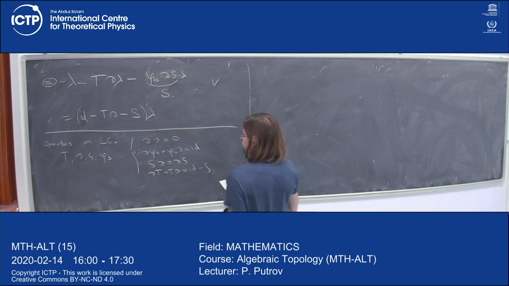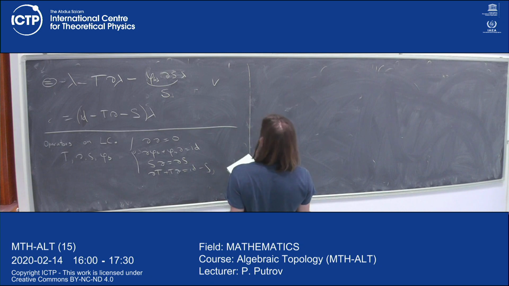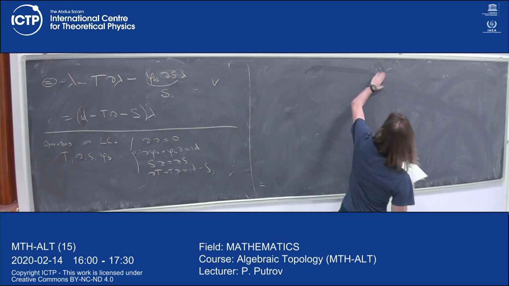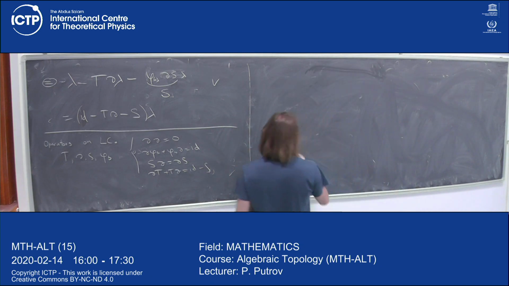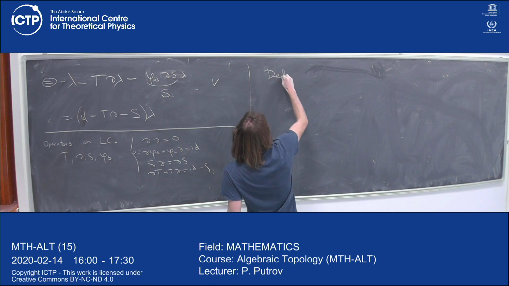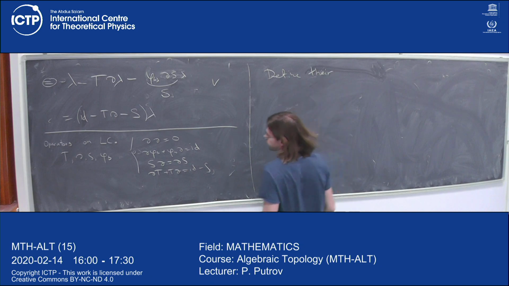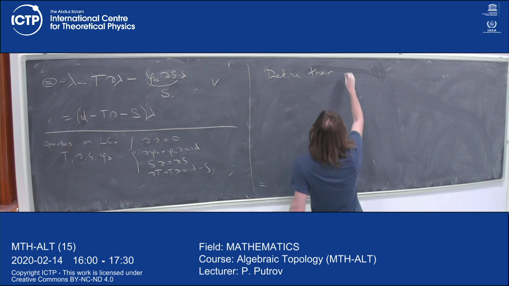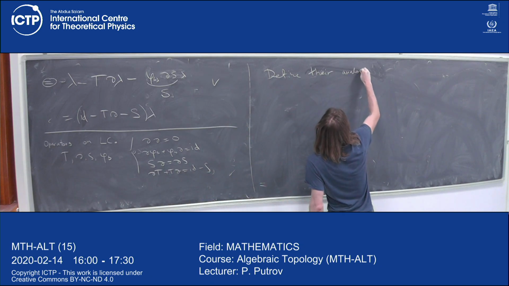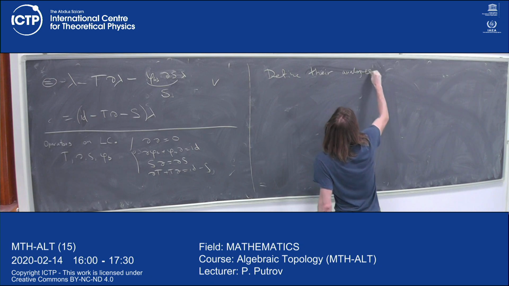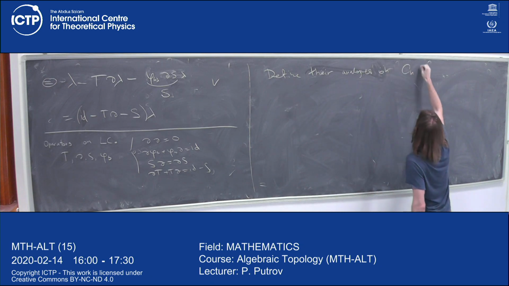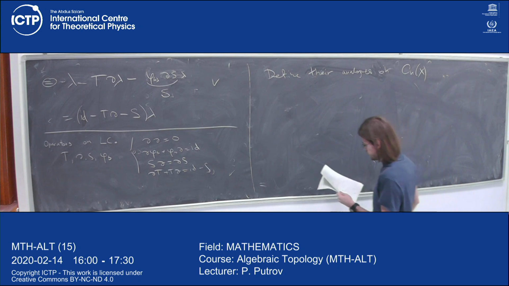Okay, so now we want to define the analogs. Now I'll come back to our singular chains in some topological space X. We want to define analogs for those operators on C of X. To do this, we notice the following.